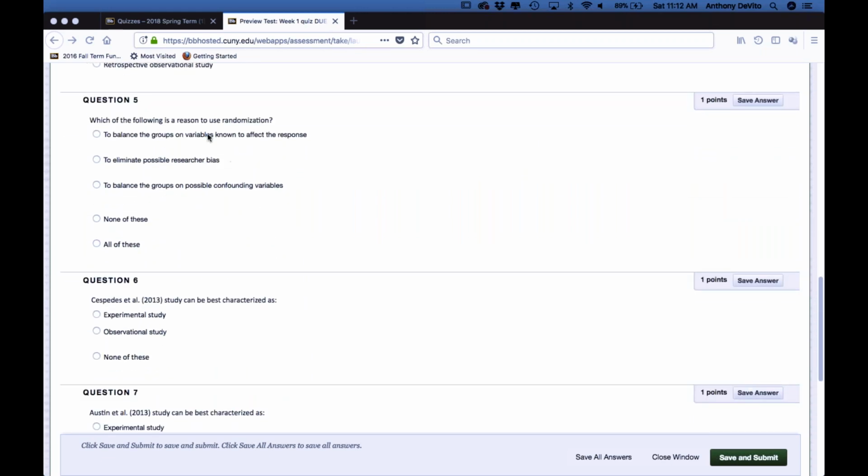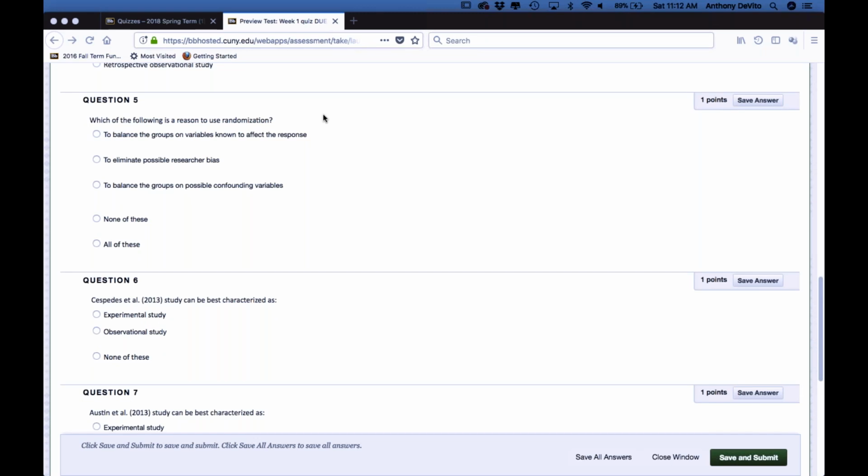Another distinction. Which of the following is a reason to use randomization? Okay, I think some people had some issues with this particular question, if I recall correctly. So what's our argument for using randomization? Well, we don't want our study to be biased, right?